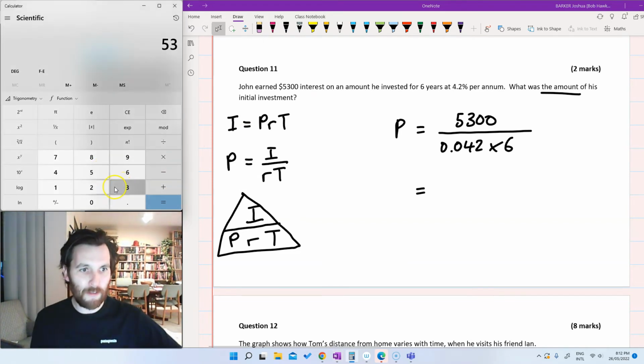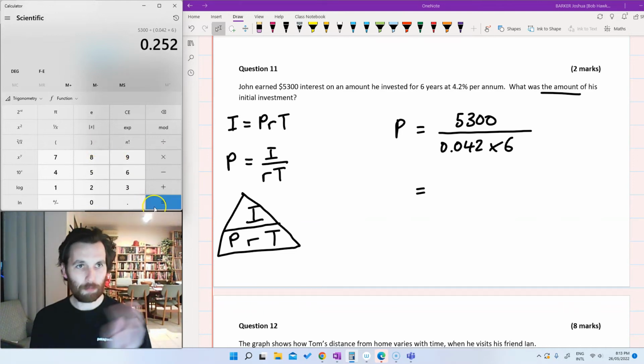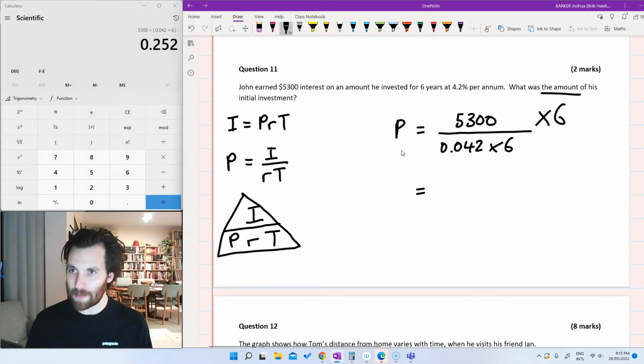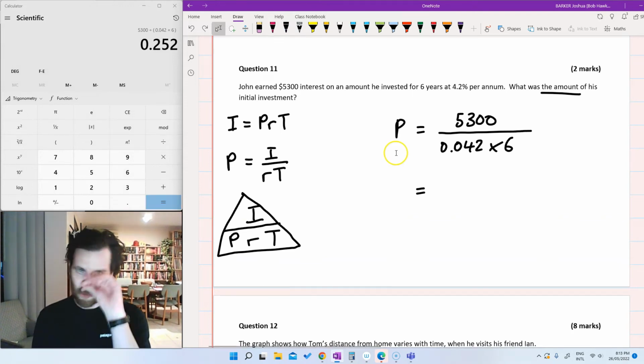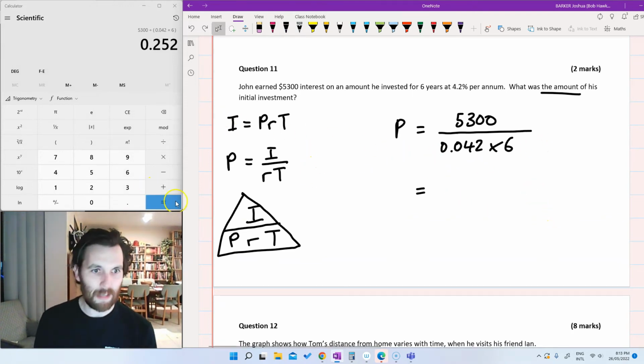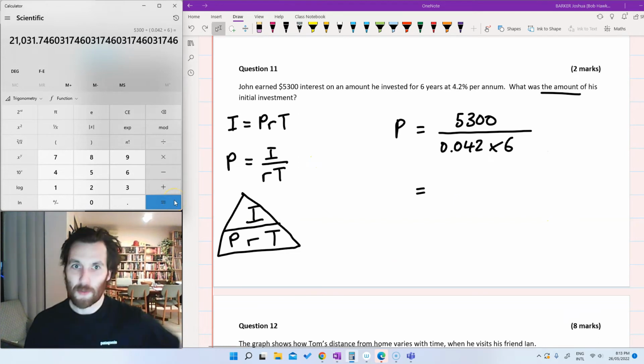So I'm going to do 5,300 divided by bracket 0.042 times 6. Otherwise, your calculator's not going to figure that out correctly. It's going to think that your times 6 is up here instead, which it isn't. The other thing you can do is just divide it by 6 and not use brackets, but I probably use brackets and keep it as a multiplication if it was me.